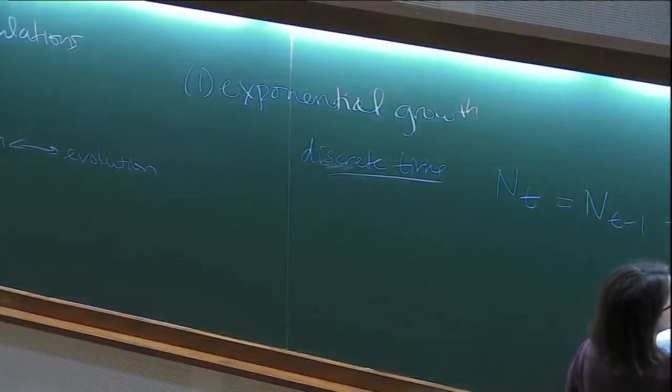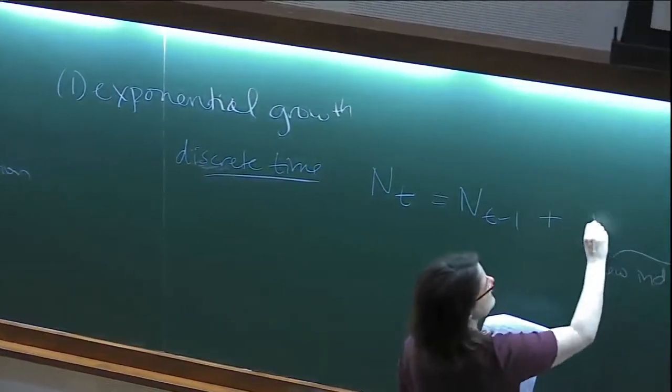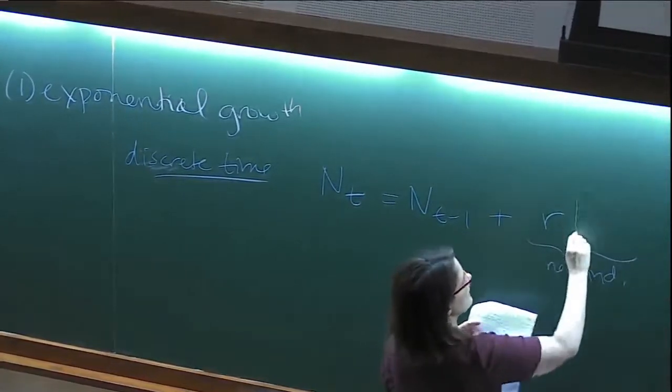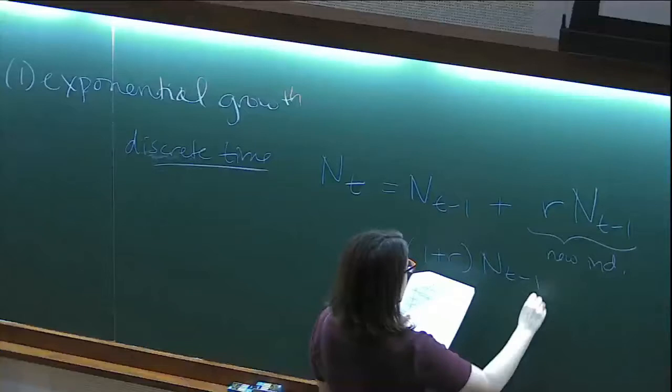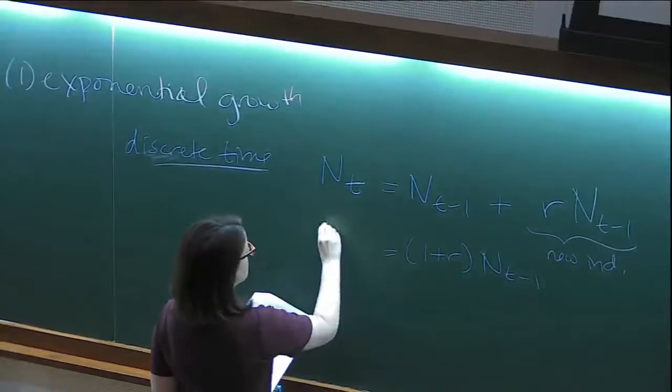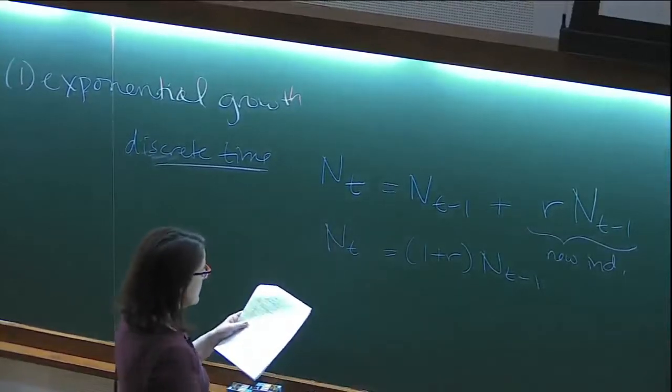New individuals. And what we can say is, let's say some constant fraction multiplied by the number of individuals that were there before. Okay? So that's just an intrinsic rate of increase, so we can rewrite that as this recursion equation. We can also write the difference equation.